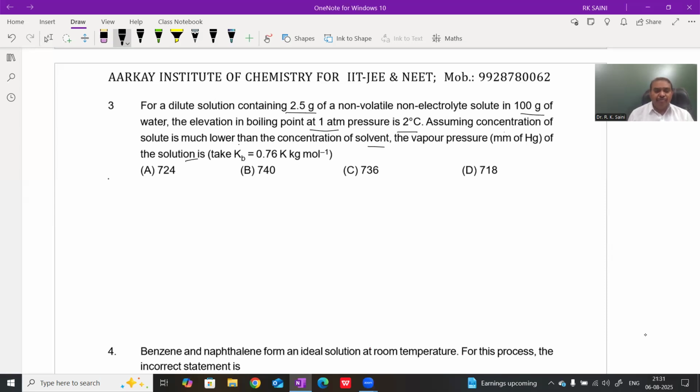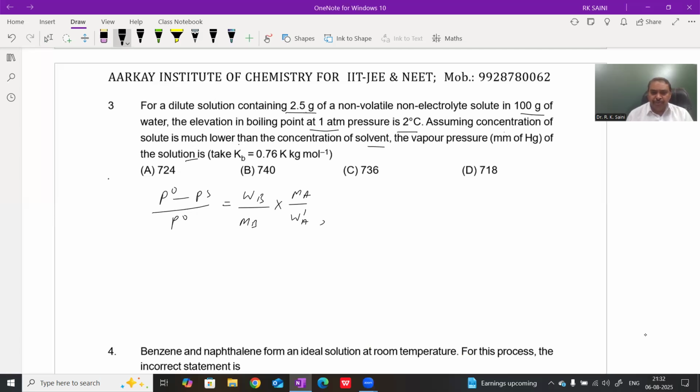Now we find the vapor pressure of the solution. For a dilute solution, we use Raoult's law: P node minus PS upon P node equals weight of solute upon its molar mass, divided by weight of solvent upon its molar mass.